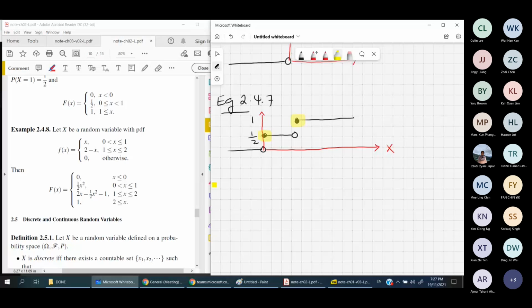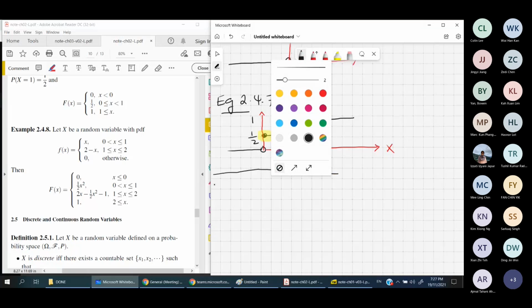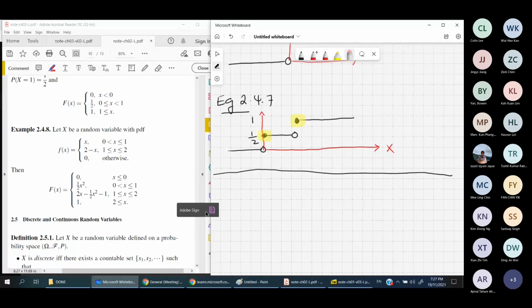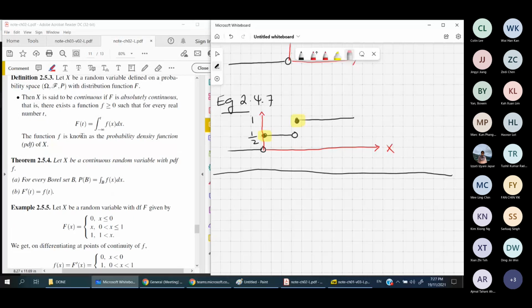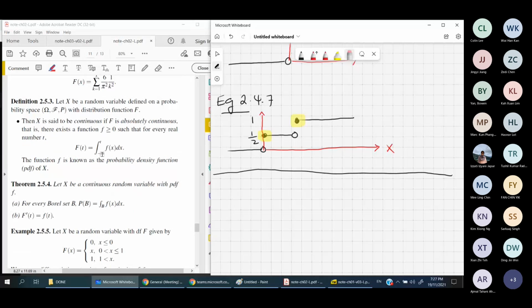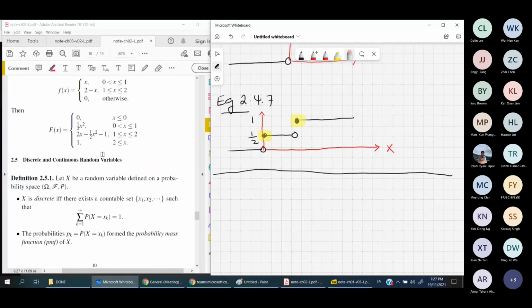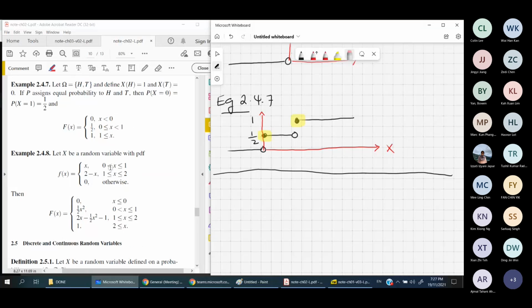You should have already learned this in your probability theory. Never mind, we discuss it later, maybe after our Definition 2.5.3 here.